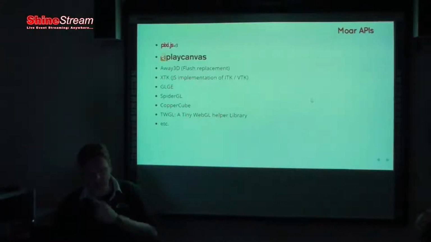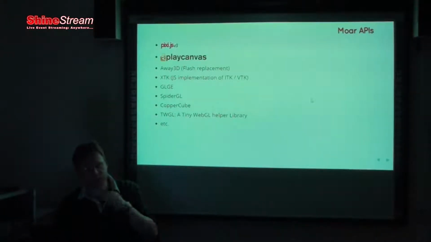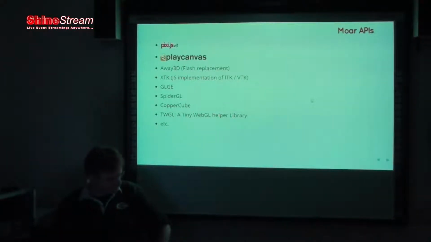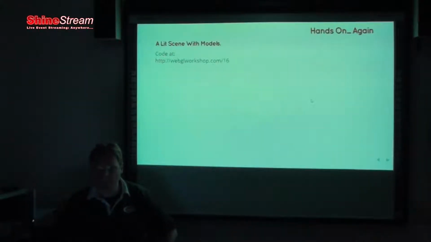GLGL, I think, is a bit out of date, as is SpiderGL. CopyCube is a free version of a commercial package, and TWGL is a tiny WebGL helper library, which they call boilerplate, but I find it a bit fiddly, and many, many more.